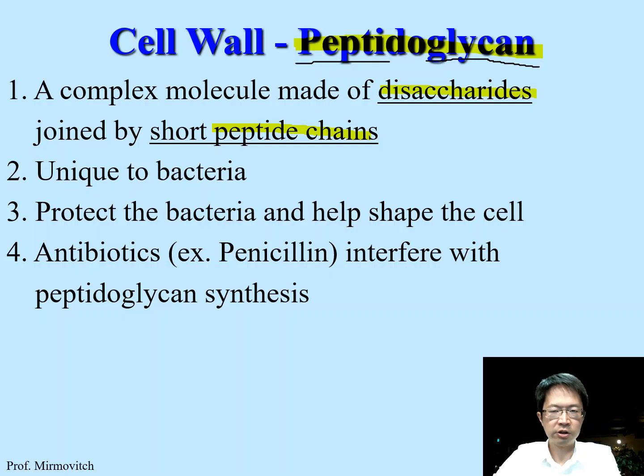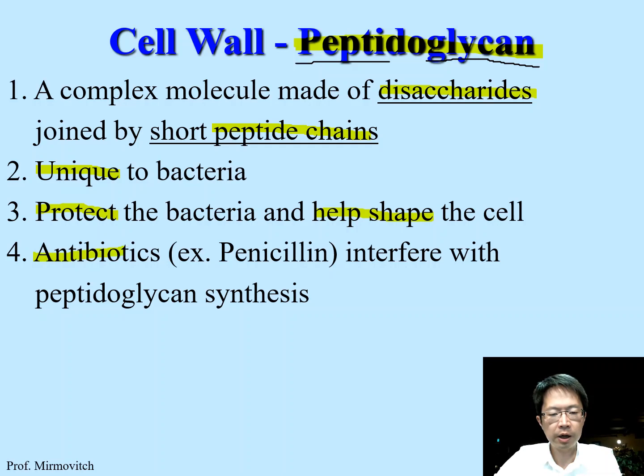So that is the structure of the bacterial cell wall. Remember, the bacterial cell wall is different from the plant cell wall. It is made up of a short protein chain connected to a disaccharide. That's why they say it is unique to bacteria. It protects the bacteria and keeps the shape of the cell.